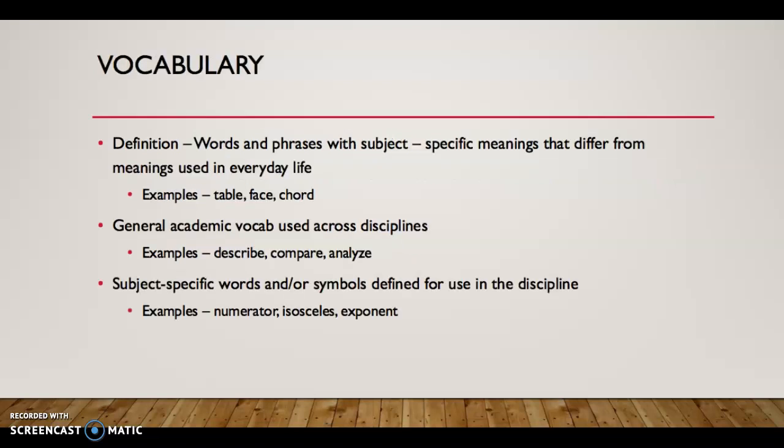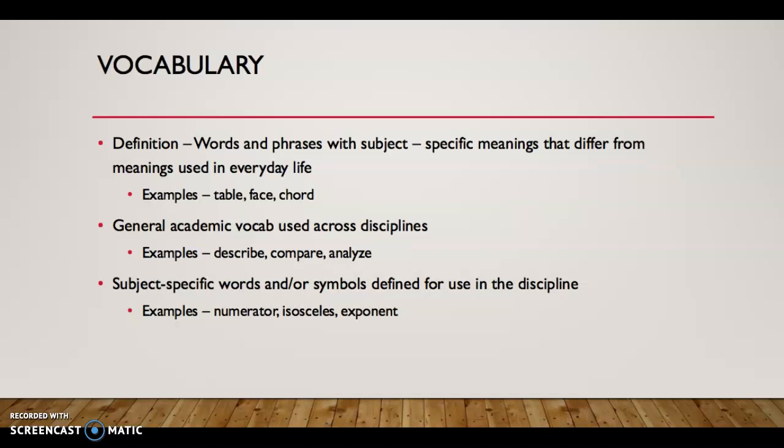The second language demand is vocabulary. And so the definition of that basically is words and phrases with subject-specific meanings that differ from meanings used in everyday life. So this is really important in math because math often does have a lot of different words that end up having different definitions in the math area than they do when you're using them in everyday life.